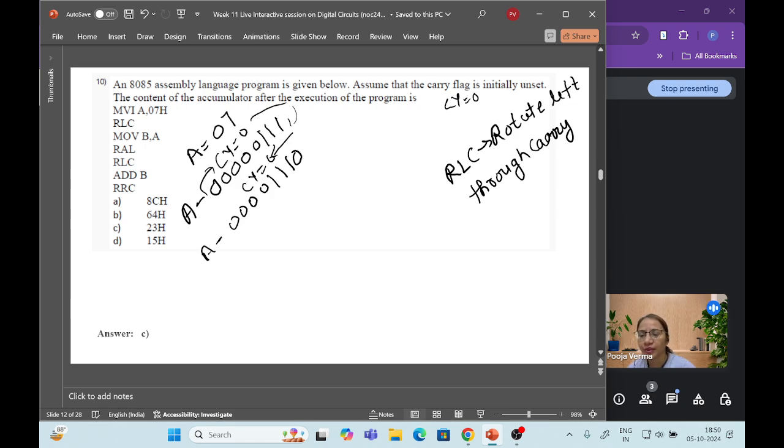Now move B to A. Okay. So what does this mean? Move B to A: the content of the accumulator is copied to the register B, right?